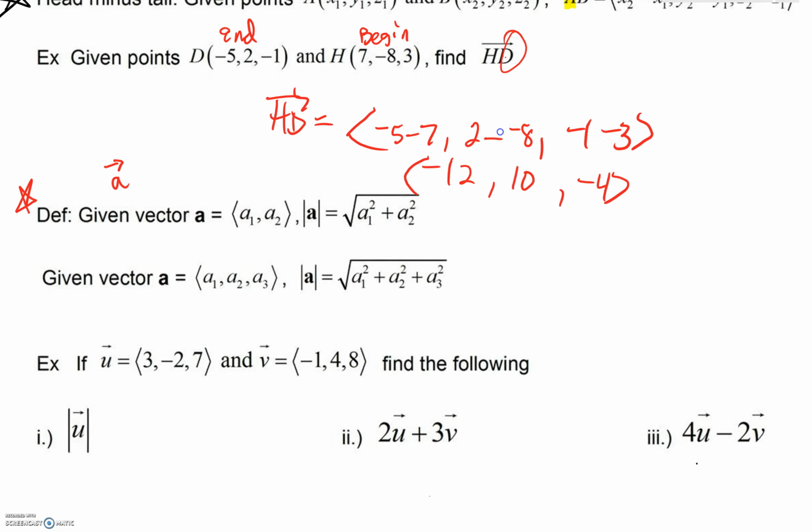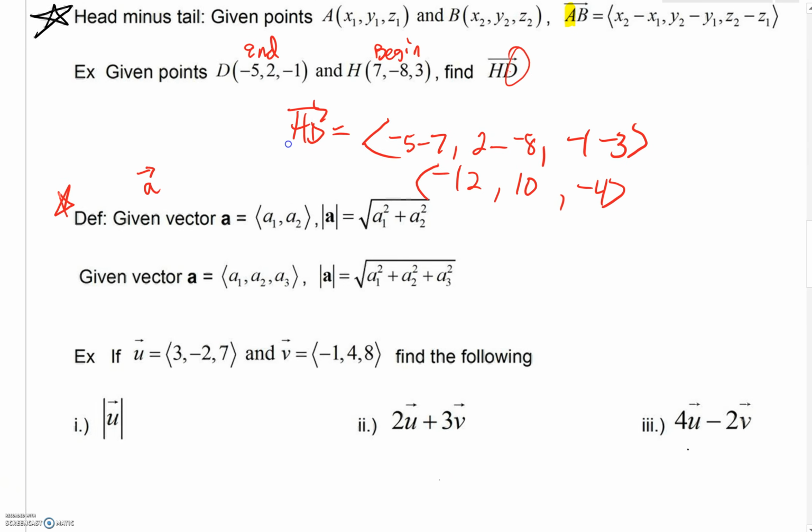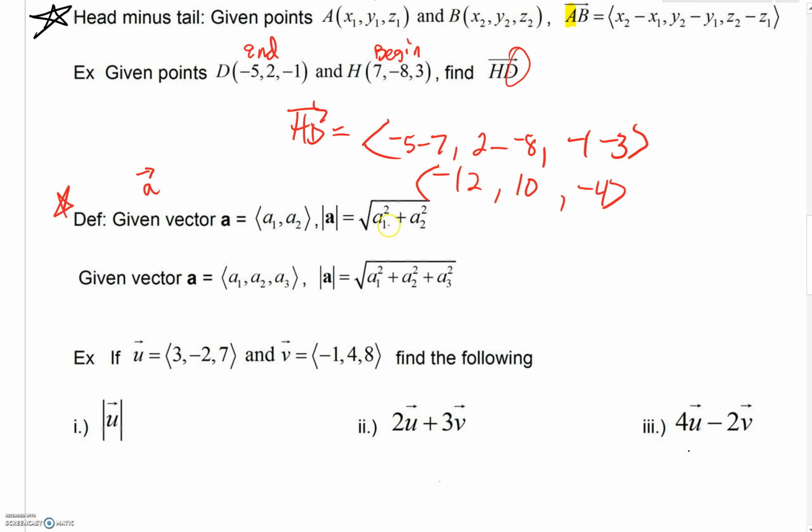But look, you have an x component and a y component in 2 dimensions. Pythagorean theorem would allow you to find the length. This absolute value right here is known as the magnitude of vector A, and of course we could even say the length of vector A. So Pythagorean theorem is the way to do it.